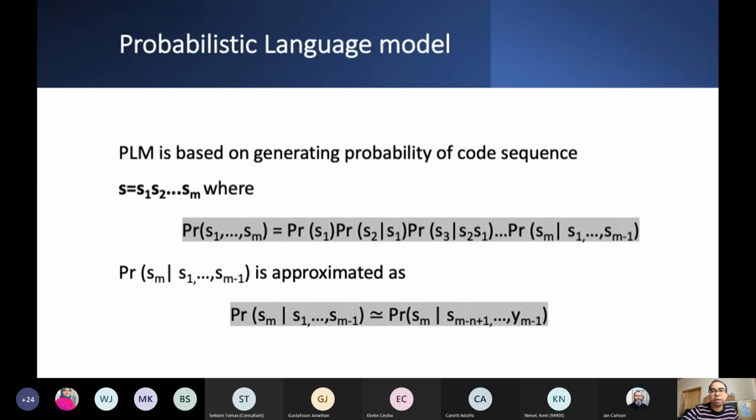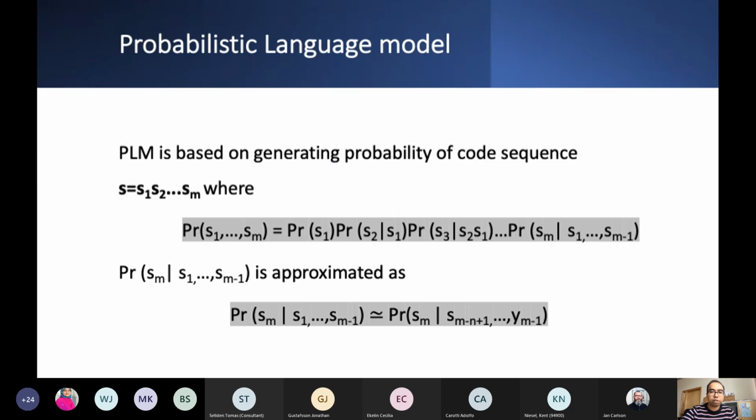In this model, given any sequence of code tokens, for example S1 to Sm, the idea is to infer the probability of this sequence, which is computed as a conditional probability of each token with respect to its previous tokens. These previous tokens we call the context. It can happen that the context is very big, and then it may be impossible to compute this conditional probability.